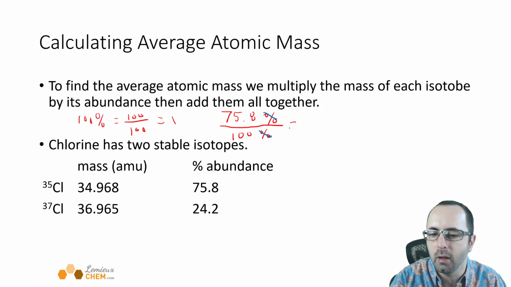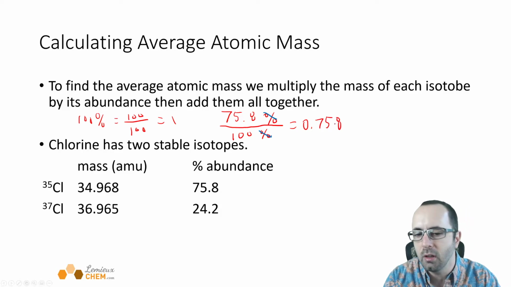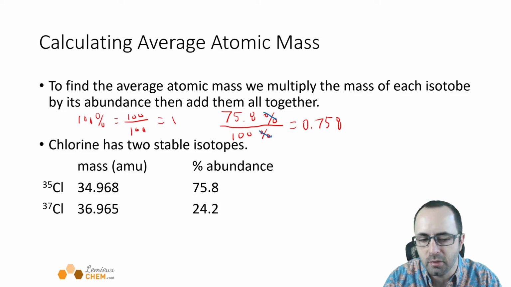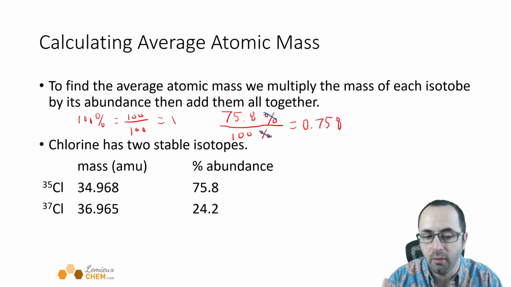And that is our abundance, 0.758. That is the fraction of these atoms, chlorine-35, that weigh 34.968. Remember, you want here a fraction, a part of the total. So that part is 0.758 written like a decimal.